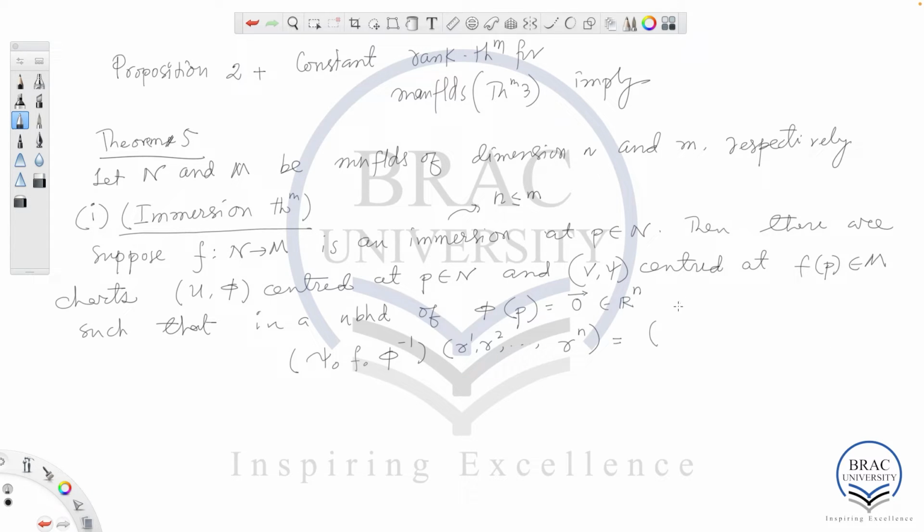And this is R1, R2 all the way up to Rn, and the rest are 0. They are all zeros. So how many zeros are there? m minus n zeros. Remember n is less than or equal to m.